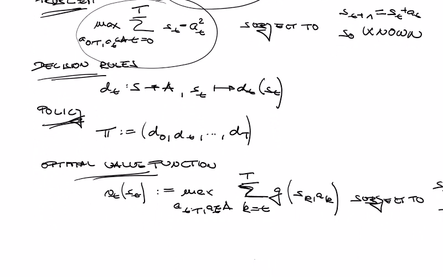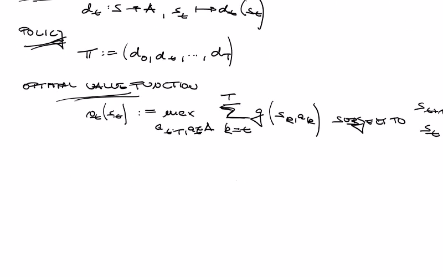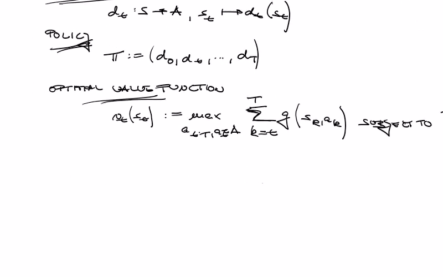So we want to find decision rules and policies that actually maximize this. We want the optimal action for each time point, and we want an overall decision rule that gives us that. And one thing that we need is the optimal value function.